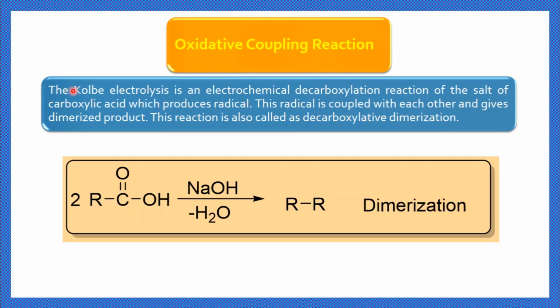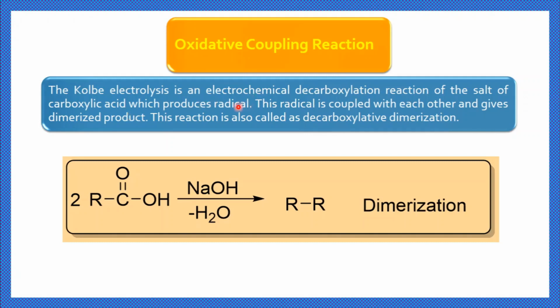So the Kolbe electrolysis is an electrochemical decarboxylation reaction. You are decarboxylating the salt of carboxylic acid electrochemically, which produces radical.